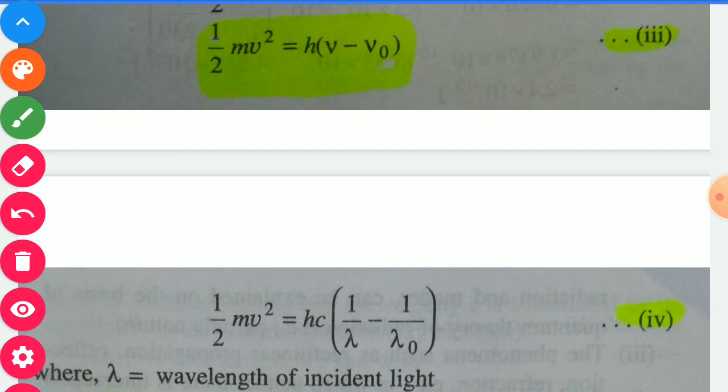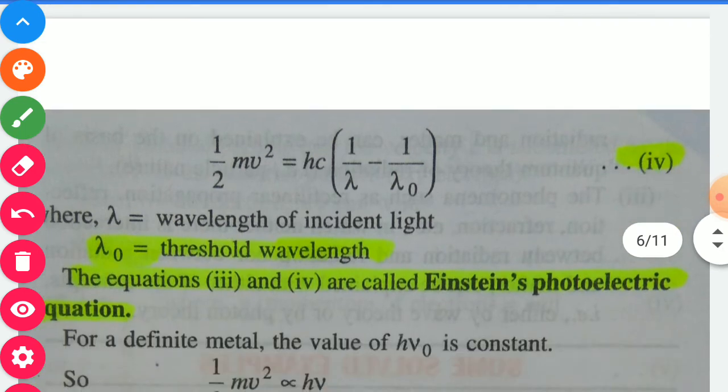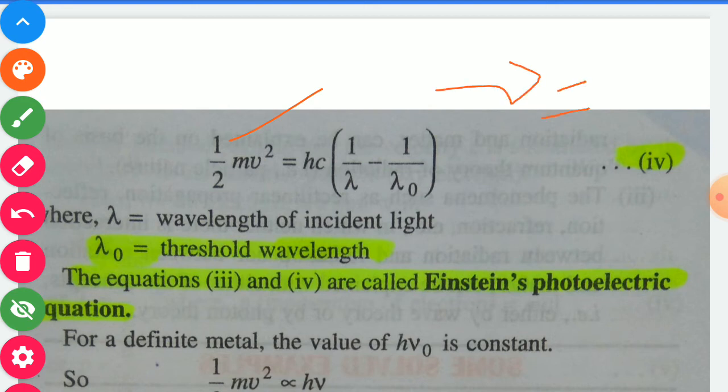So in such a situation we may write the kinetic energy of the photoelectron, half mv square, is equal to hc in bracket 1 upon lambda minus 1 upon lambda 0, because in place of nu we have to write c by lambda.